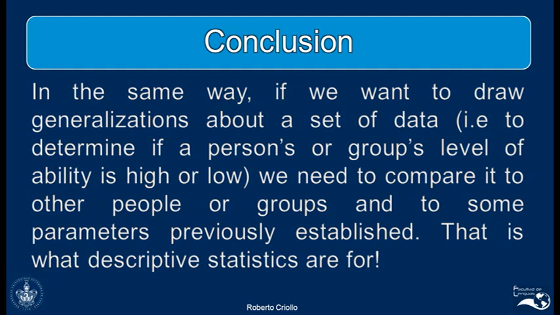For this purpose, we may perform a statistical analysis of other people or other groups, and we may compare them to some other parameters that were previously established. So that's basically what we do with descriptive statistics, and this is a very important step in test piloting and in post-test results.